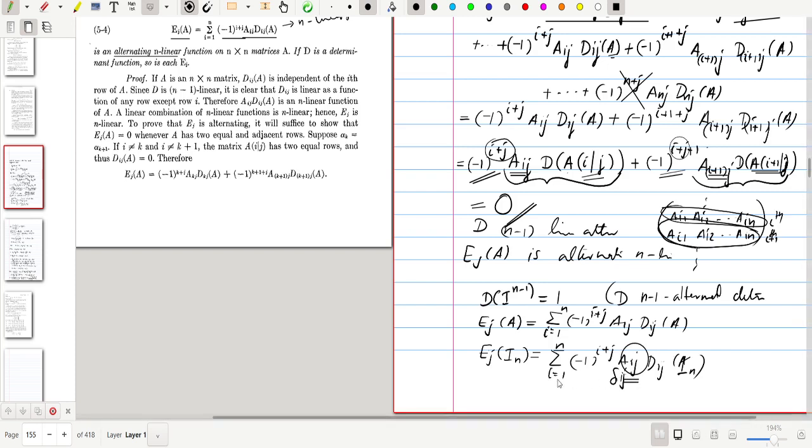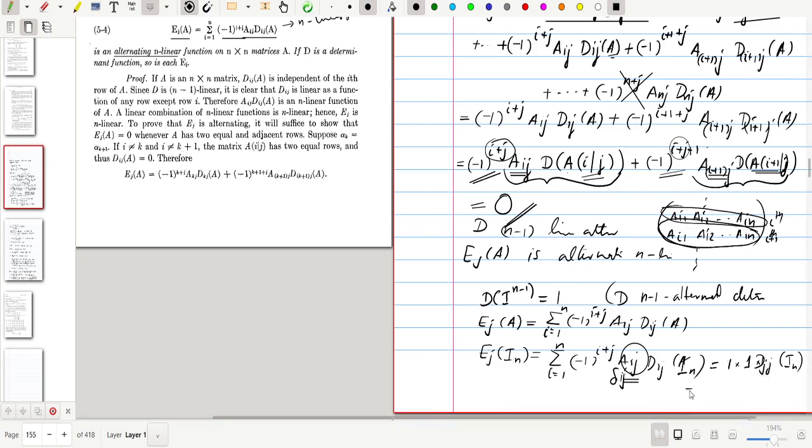So when you expand this summation, the only surviving term is obtained using i equal to j. In that case we have (-1) to the power 2j, which is 1, times delta jj, which is 1 again, and Djj of In. What is Djj of In?